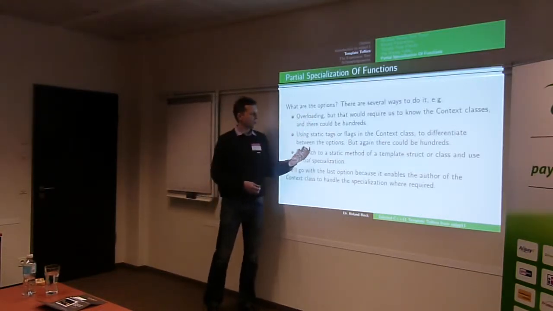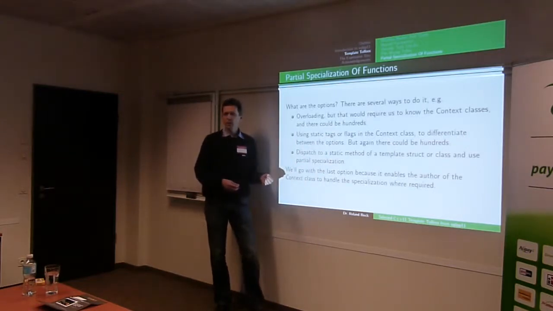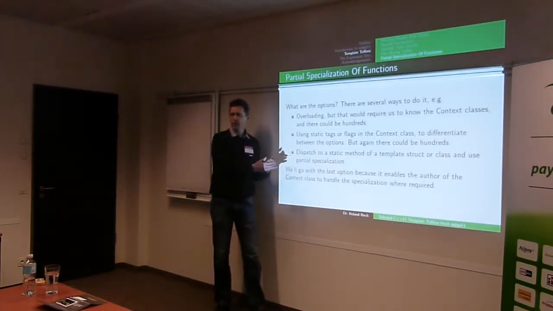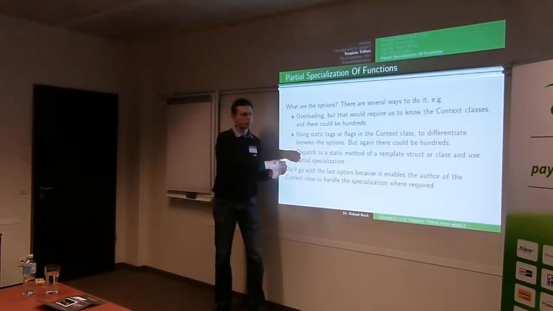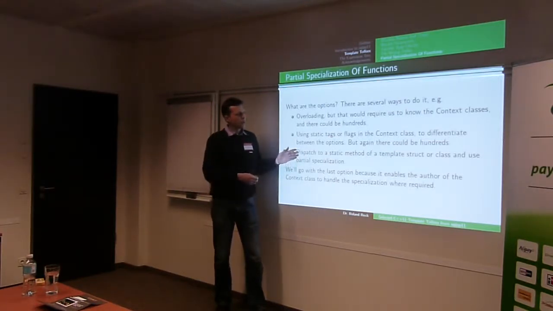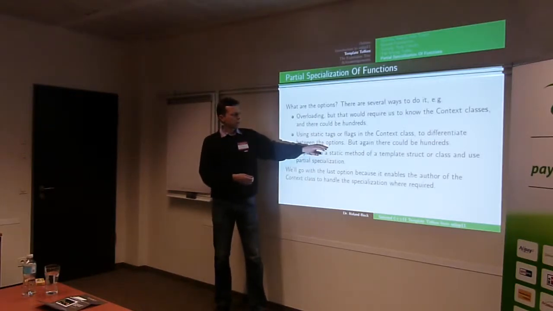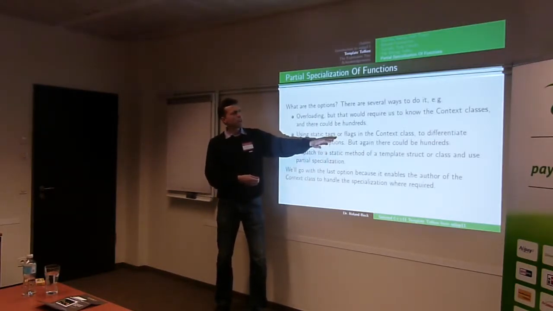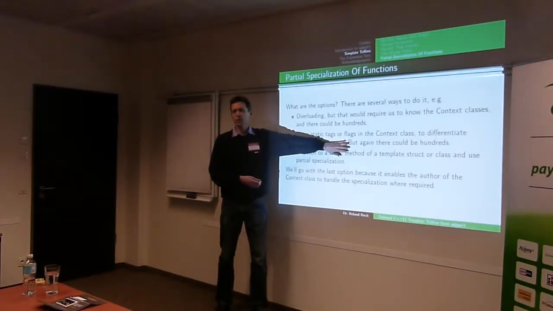We could use flags in the type, so the context could contain some static information, whether to use the concat operator or the concat function. But it turns out that at the moment I know at least 3 versions of what could happen here, and I can think of many more.